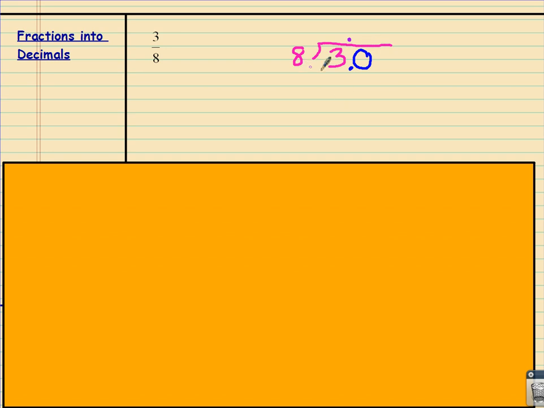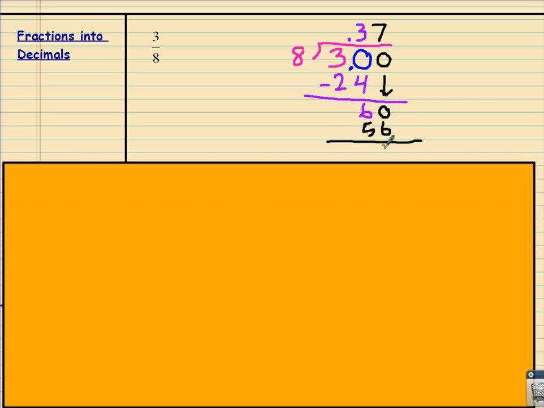Now, how many times does 8 go into 30? 3 times. 8 times 3 is 24. And we subtract. 30 minus 24 is 6. We bring down a 0. How many times does 8 go into 60? 7 times. 8 times 7 is 56.